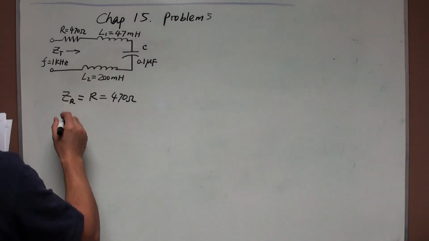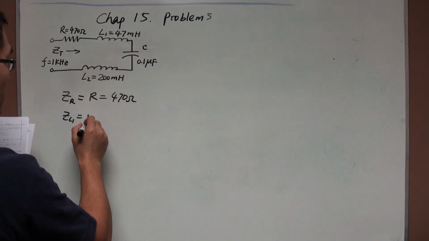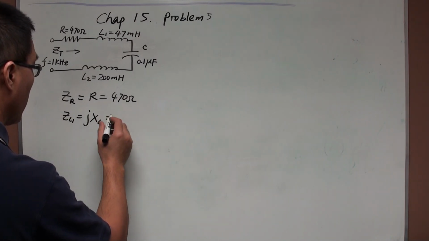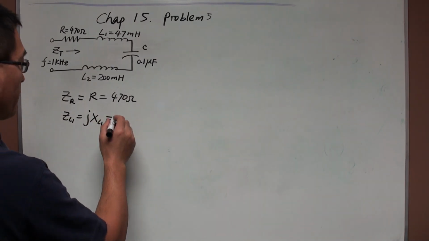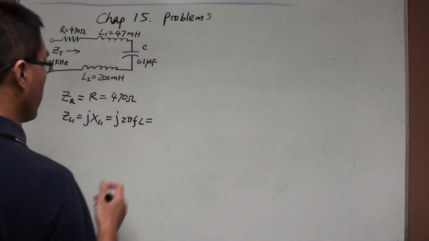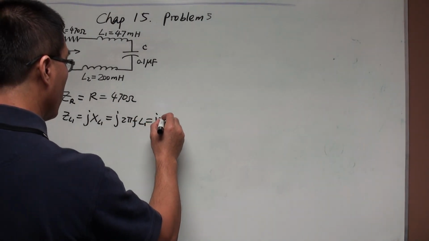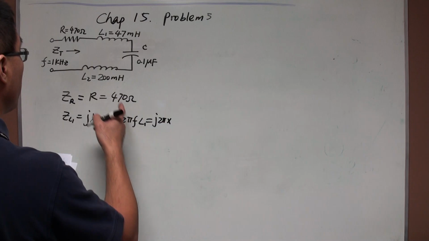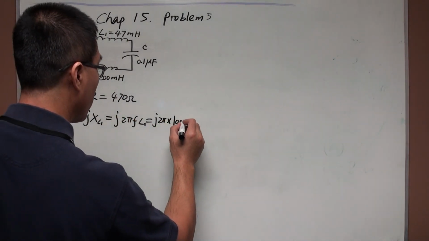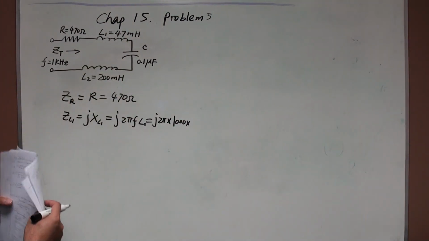And for the inductor L1, ZL1 is equal to, it's an inductor, so it's jXL1, and XL we know is equal to 2 pi f, right? So it's 2 pi f L, and in this case L1. So it's j 2 pi times f is equal to 1K hertz. 1K is 1,000 times L1 is 47 millihenry.